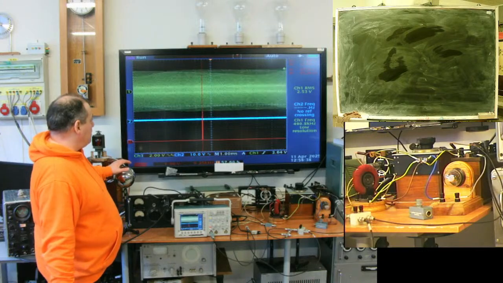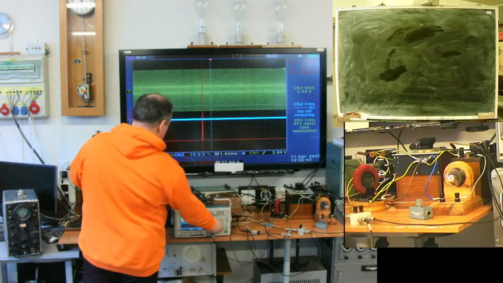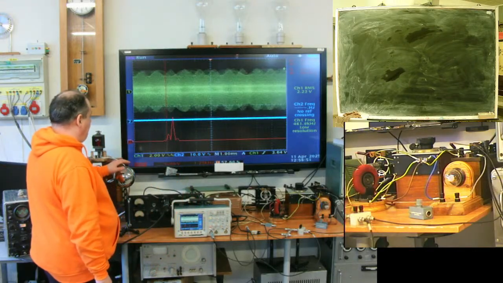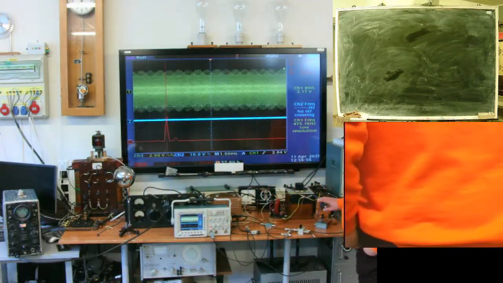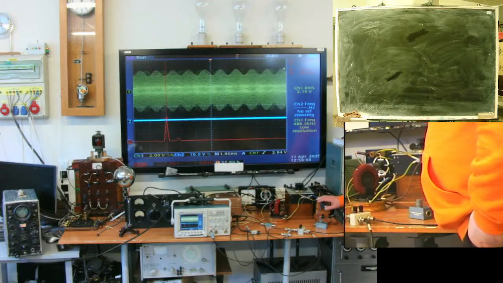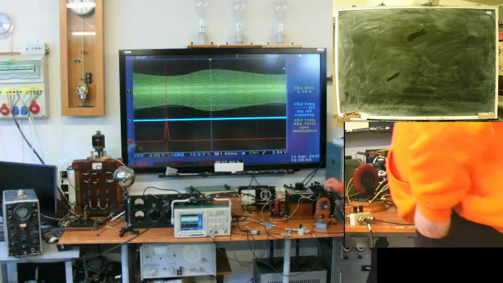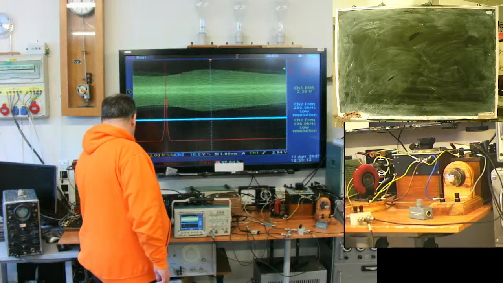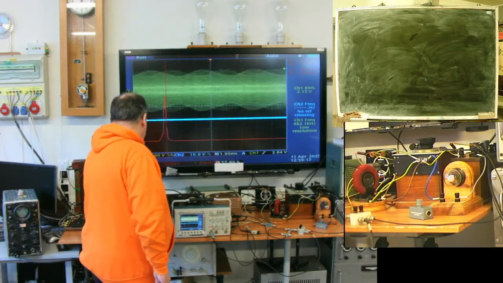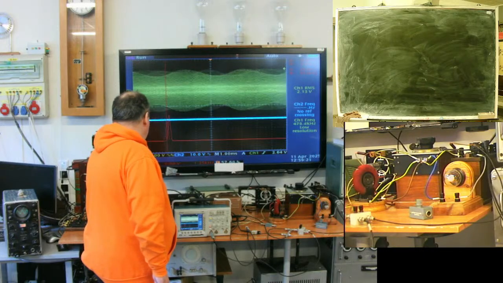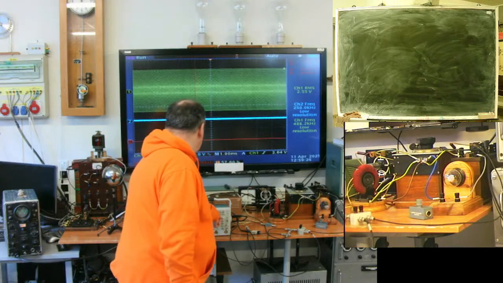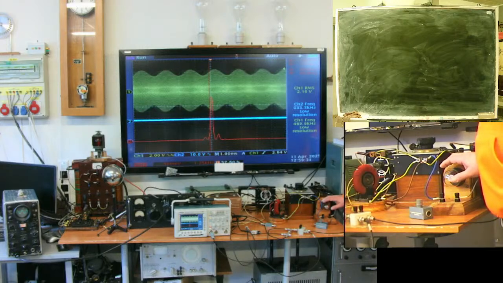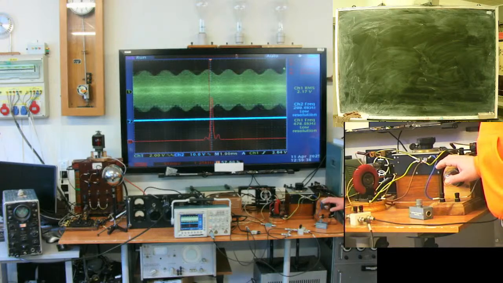Now frequencies are equal. What I'm doing is adding a capacitance to the resonant contour of the first signal.